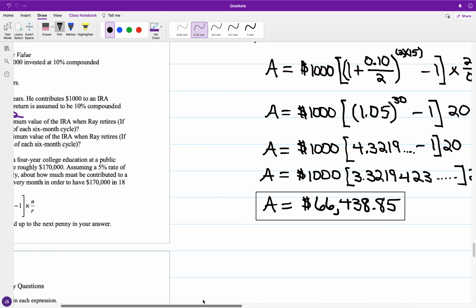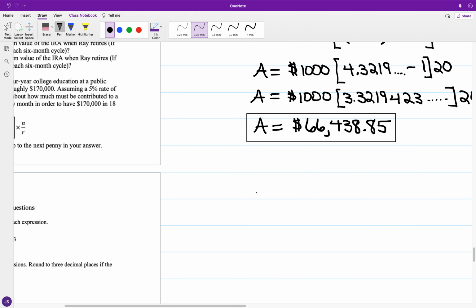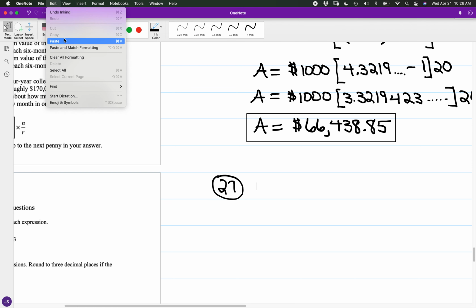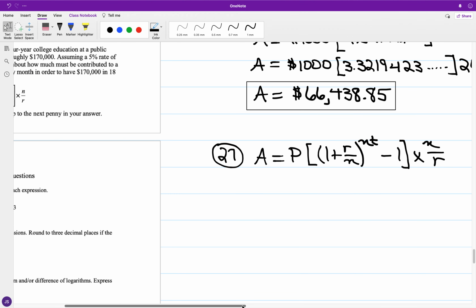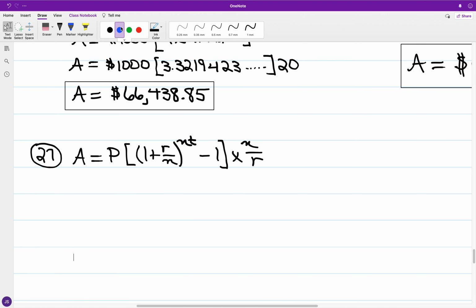So we have, in the case of 27, again this formula, just sort of working in reverse. So A is $170,000.